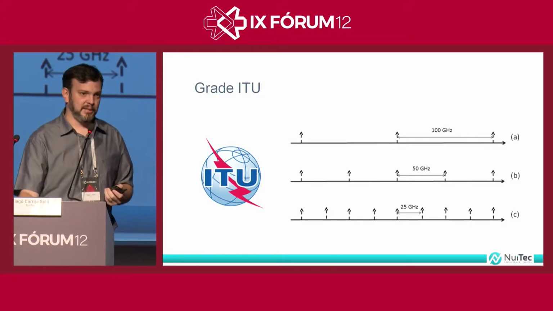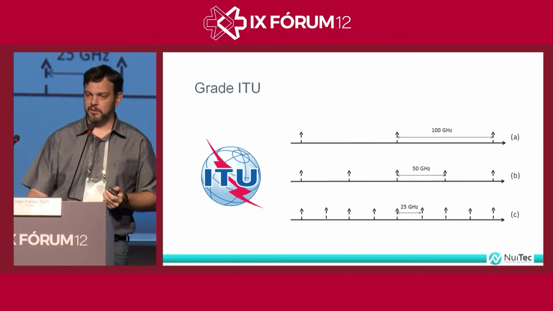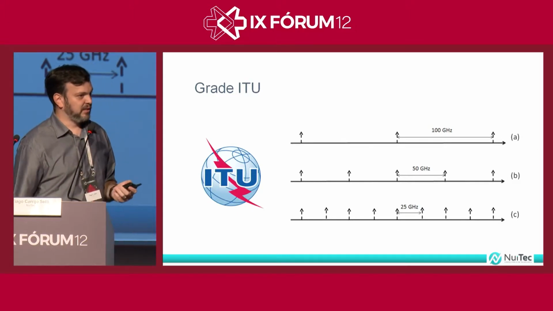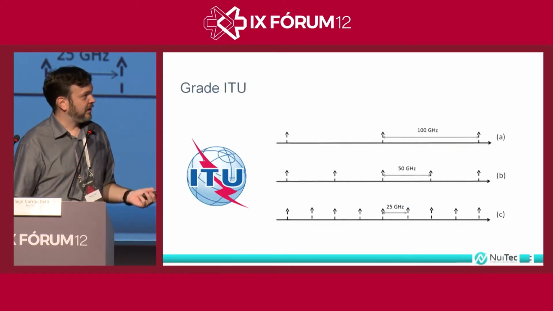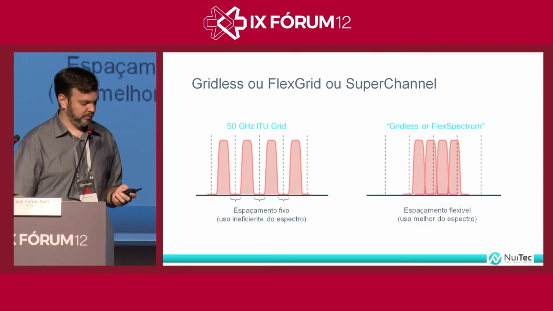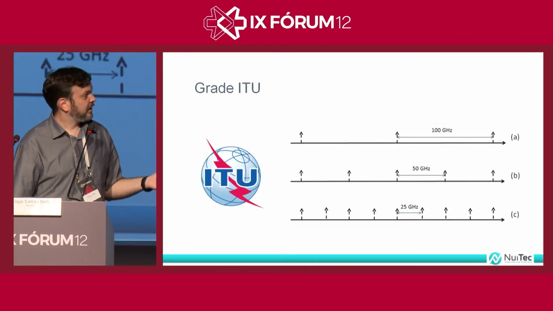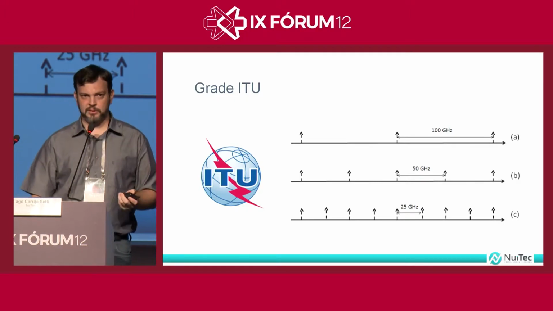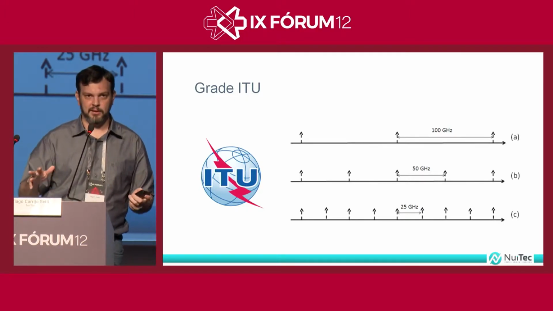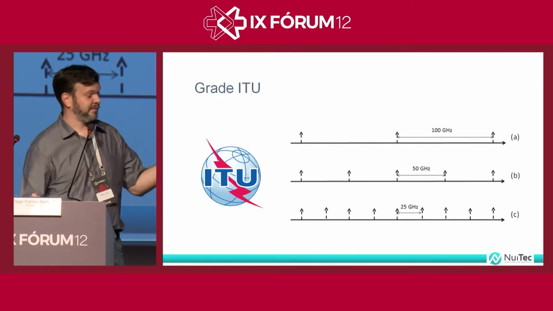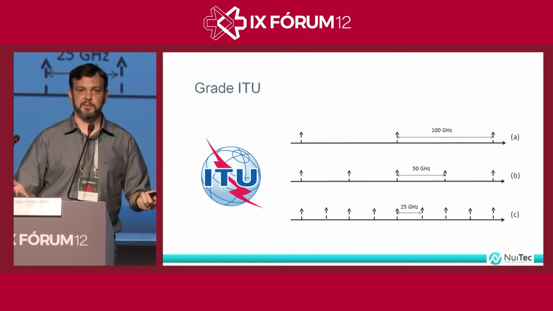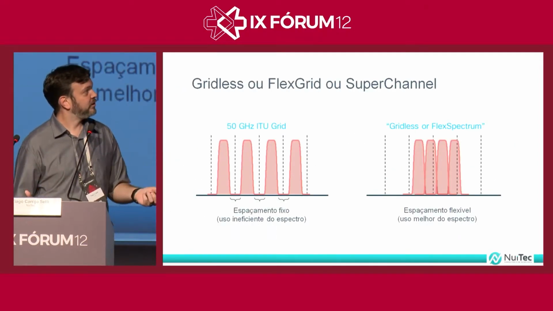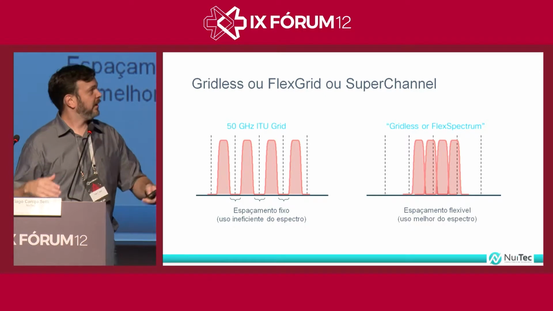Such a space between channels is standardized by ITU, which divides that space between 100 giga, 50 giga, 100 and 125. Now that's no longer a standard. There is no need to have a fixed grid.